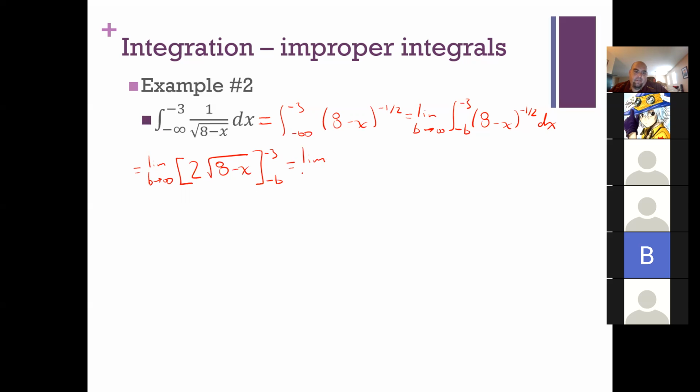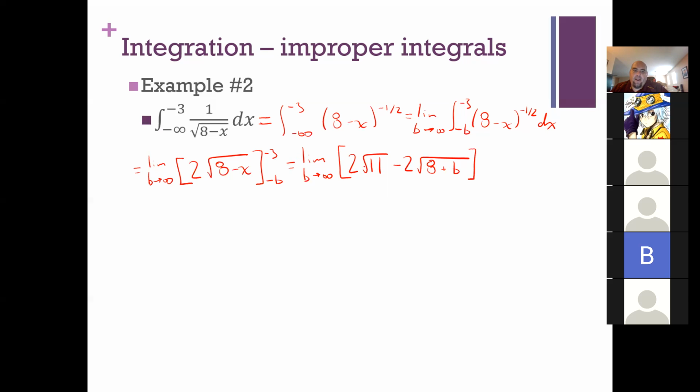So now I believe I can put in my values. If I put in -3 here, I'm going to get 2 times the square root of 11. And then the other one's going to be -2 times the square root of 8 plus b.